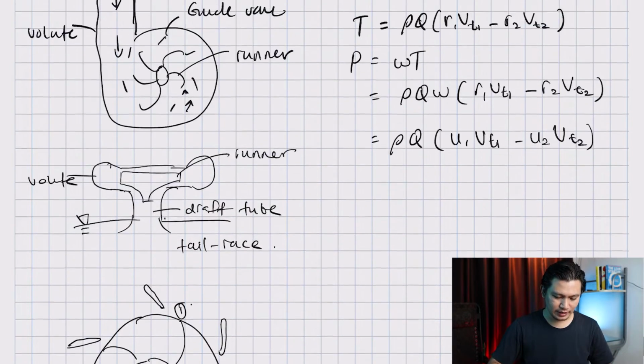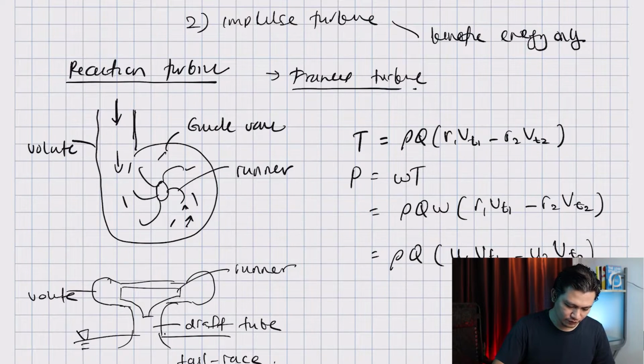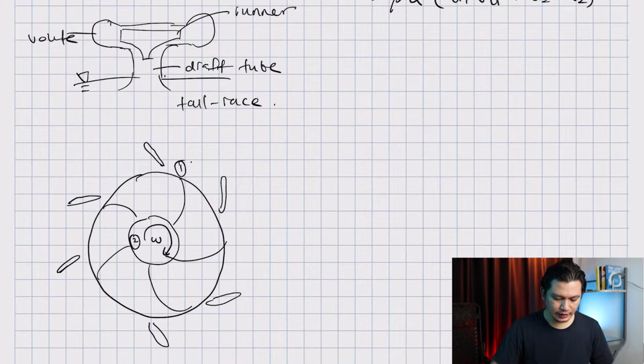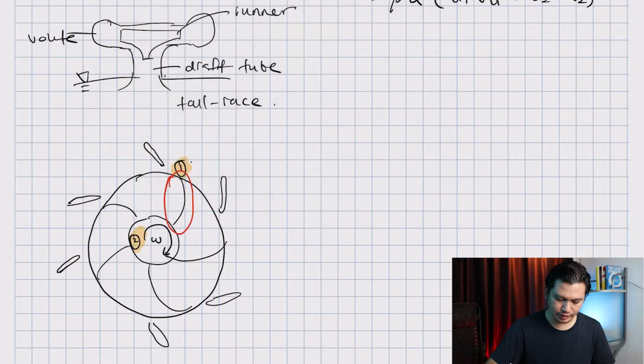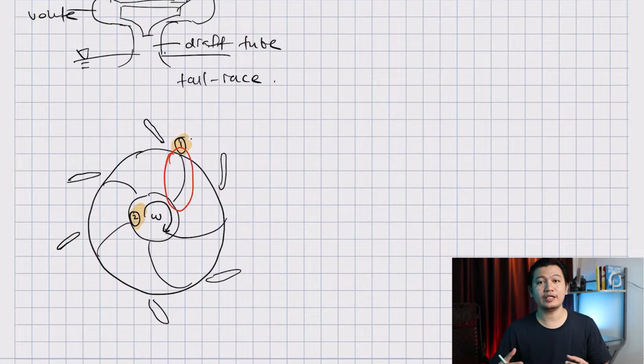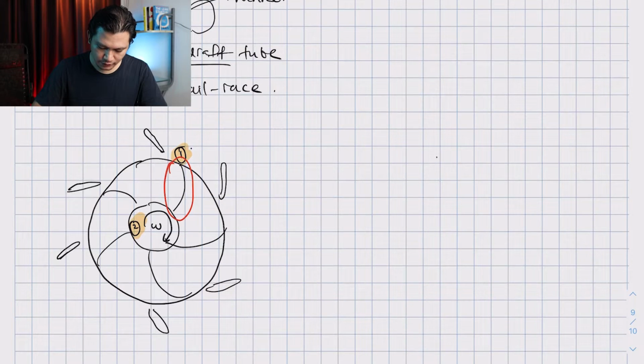But for turbine, because the flow is coming in from this volute, the inlet becomes here, and the exit is here. If I take one runner blade as an example, I'm going to zoom in and draw it bigger so that we can draw the velocity triangle. So if this is my runner, let's give it some thickness.